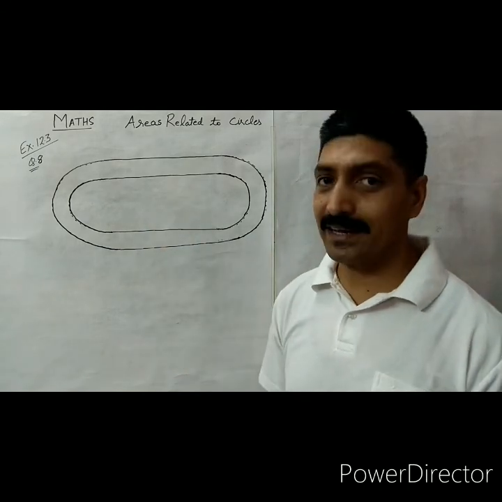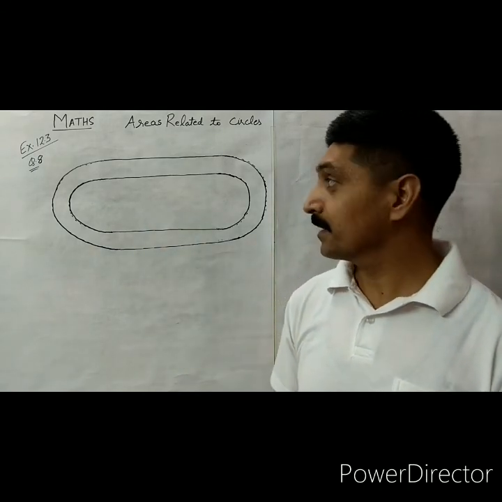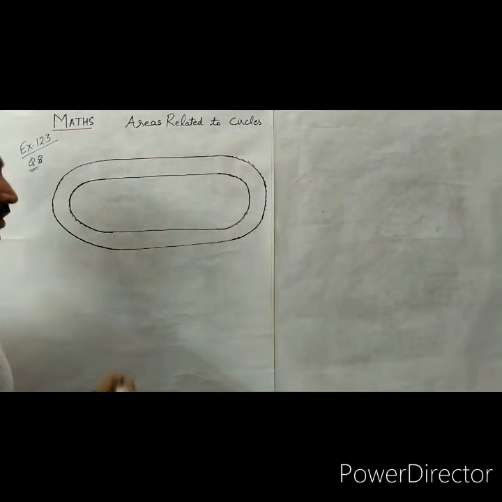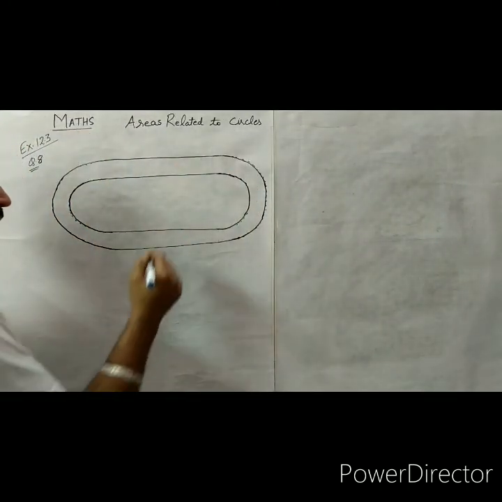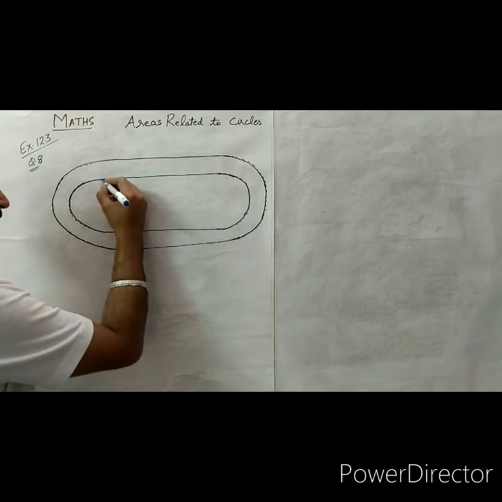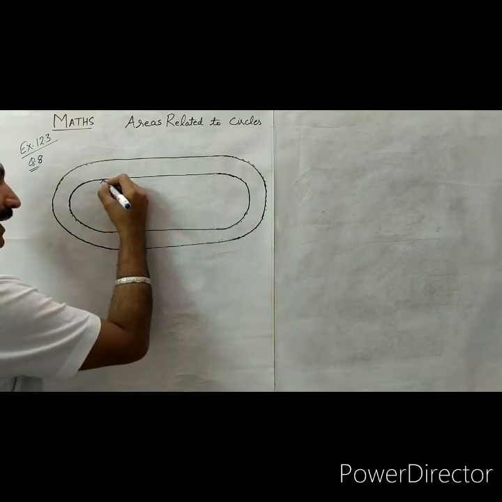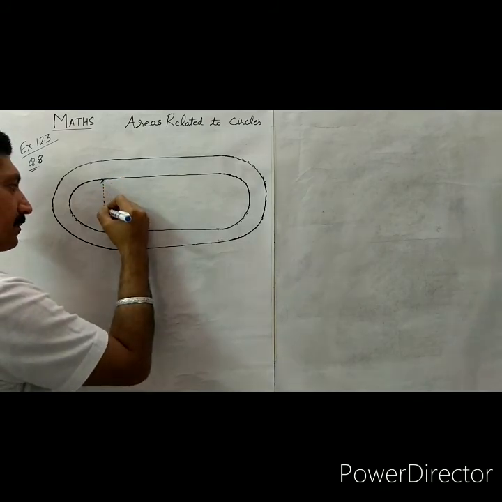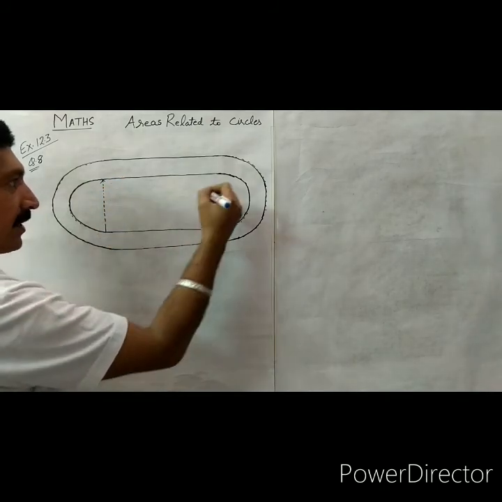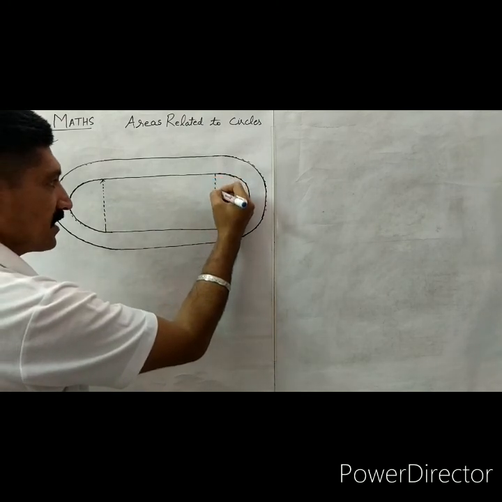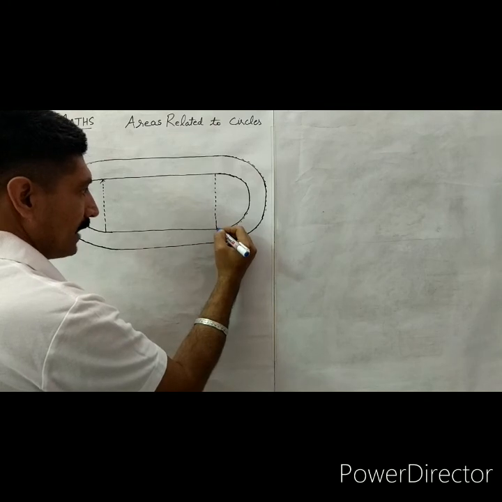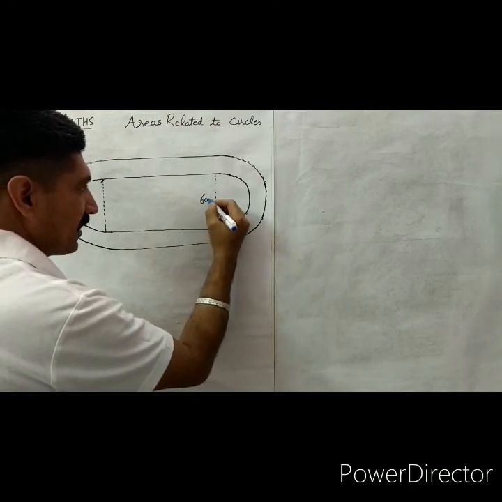Yes, it is a track, an athletics track. So here a track is given in which the distance between the two inner parallel lines is 60 meter.